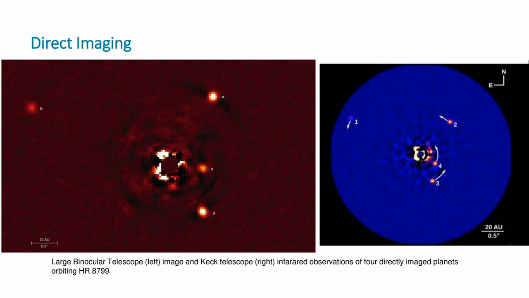So these are in infrared, and so the planets have the right temperature to actually emit light in the infrared. And they've just taken something to put in front of their telescope to block the light from the star, and that allows you to directly image the planets that are orbiting the star.